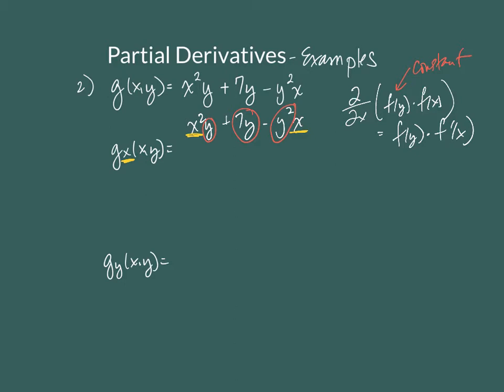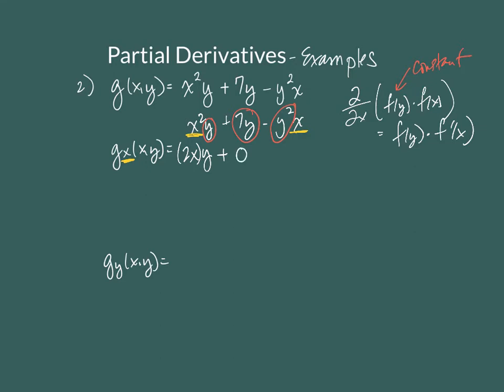constant multiple rule says I keep the y, and then I multiply by the derivative of the part with the x, because that's the variable of interest. Okay, plus, now I have 7y, which is a constant. It does not have the variable x in it, so there is no rate of change with respect to x because it doesn't have an x, and so therefore no rate of change means a derivative of 0.